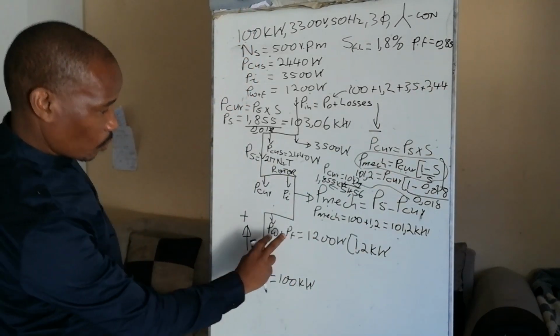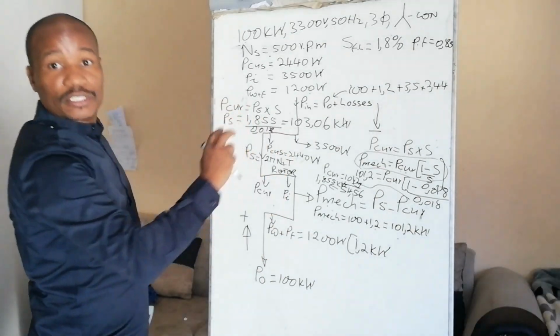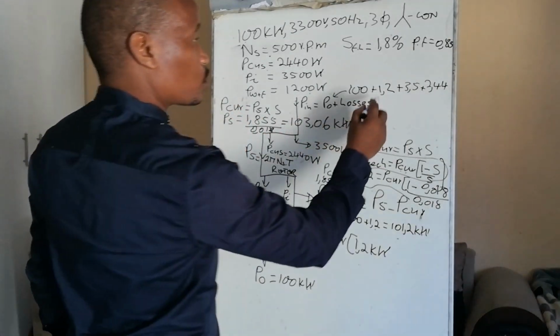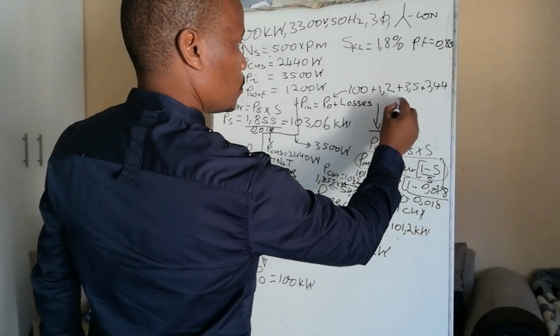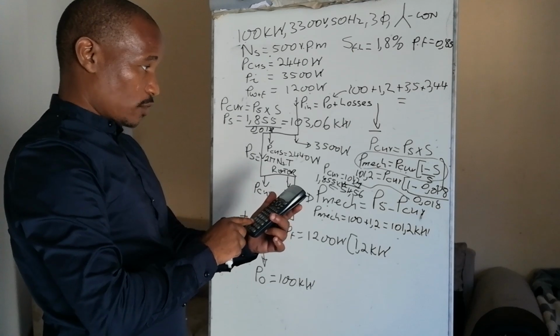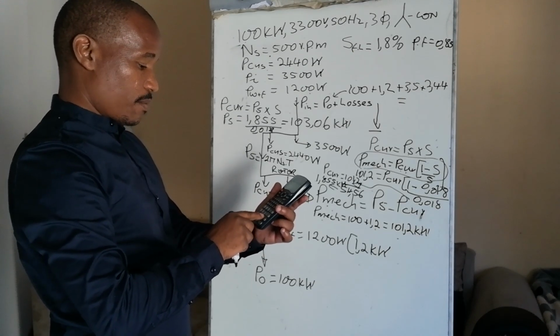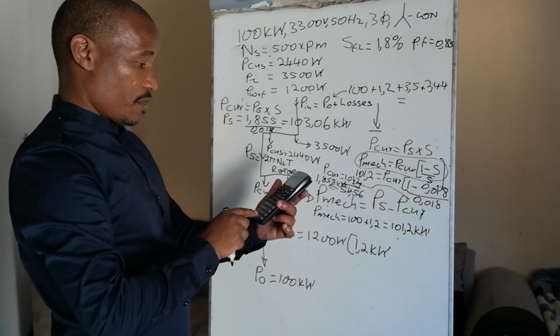These are the losses. 1 loss, 2 losses, 3 losses. And it's equal to 100 plus 1.2 plus 3.5 plus 2.44.